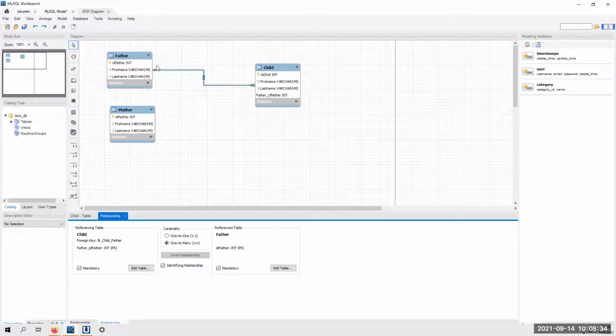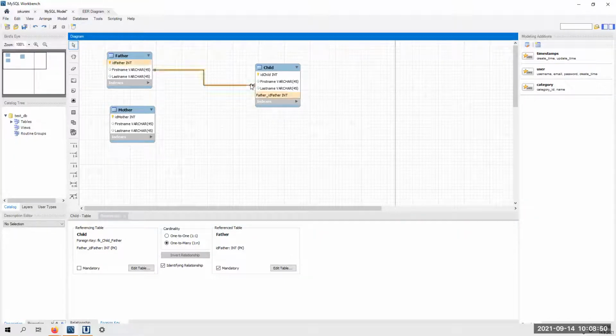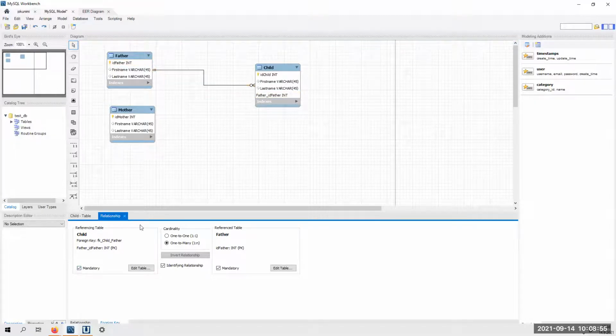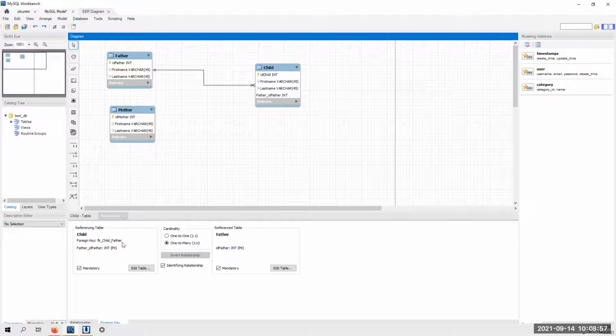So this vertical line is 1. If there is open ball or circle, then it's 0. You see it over here. Now, in this case, there is 0-to-many relationship. Now it's 1-to-many relationship.